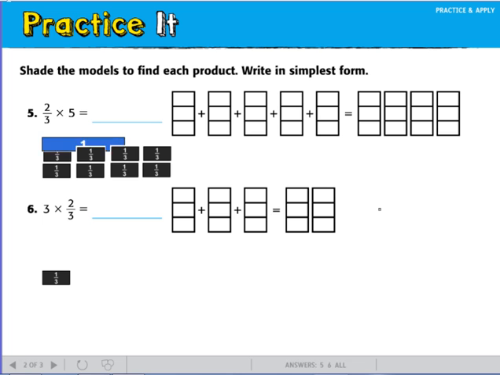We're going to take a whole tile, and we're going to replace 3 of our 1/3 tiles with it. Okay? So I'm going to take 3 of these out. And actually, I'm going to take 4 of these out now because this one should not be there.